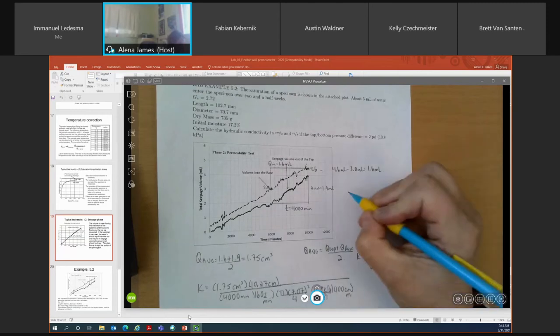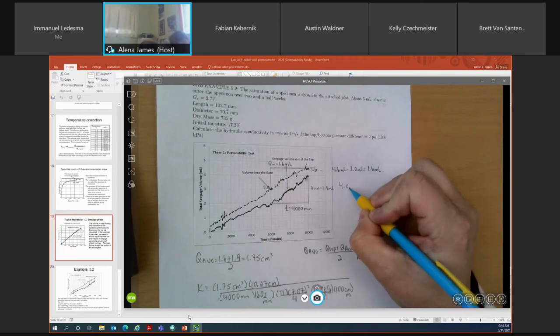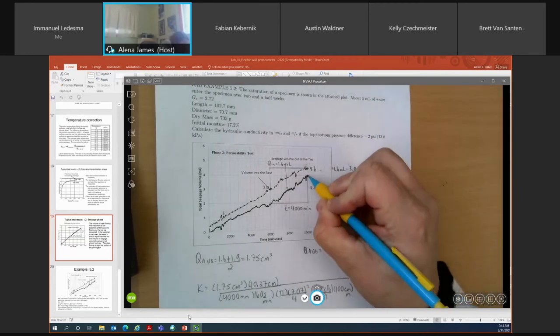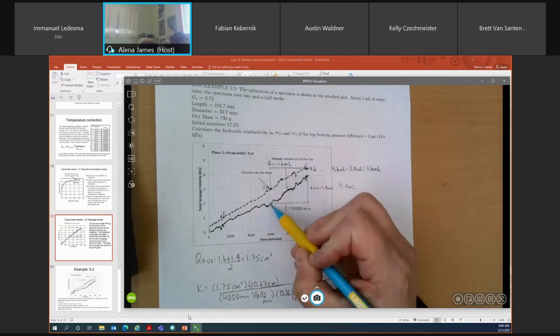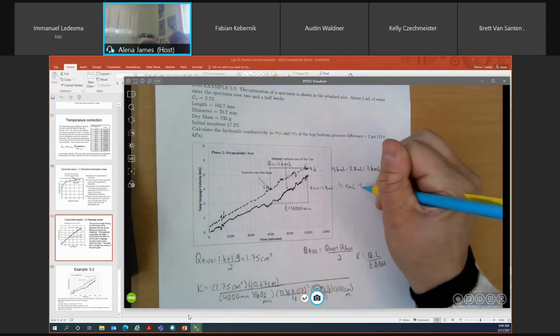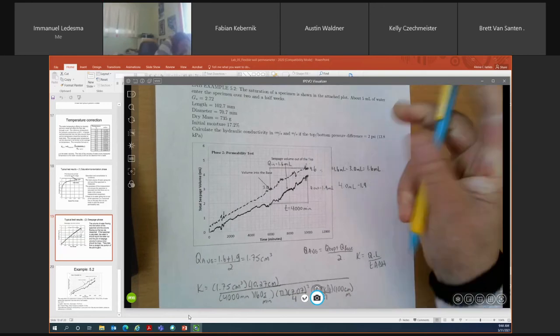And so let's look at the top of my specimen. It looks like I had about 4 milliliters in at 10,000 minutes. So one data point here, about 4 milliliters. And it looks like I had about 1.9, maybe 1.8-ish.